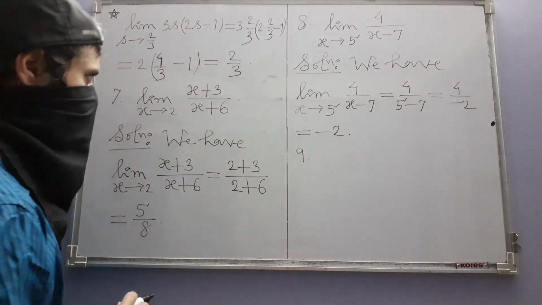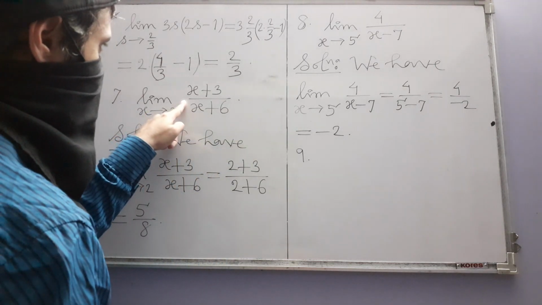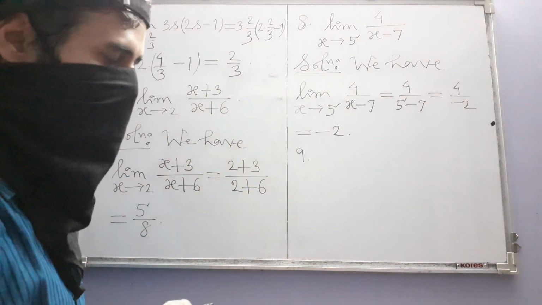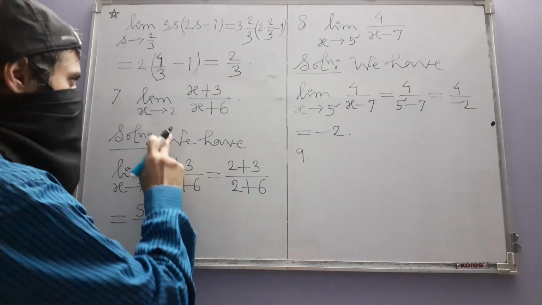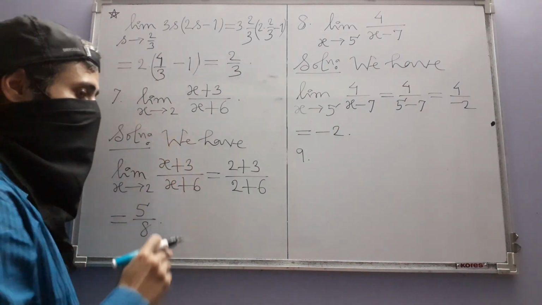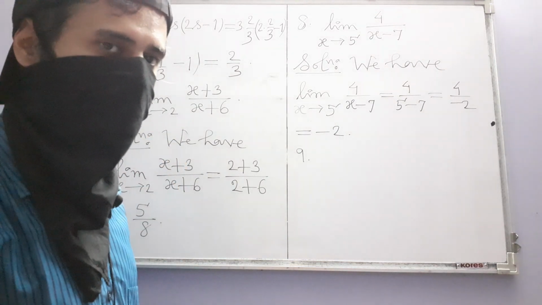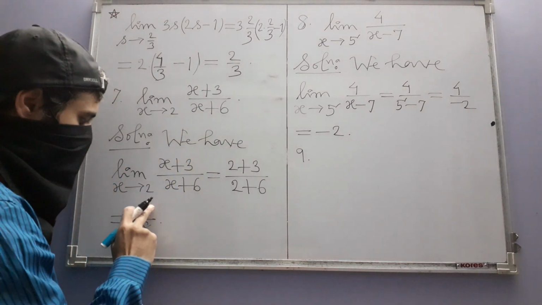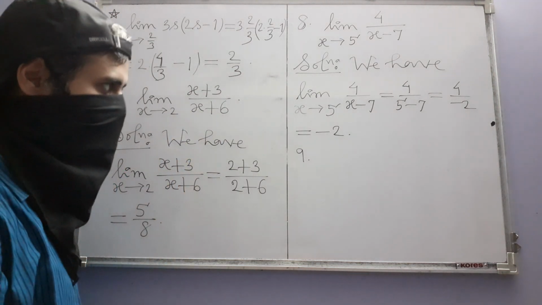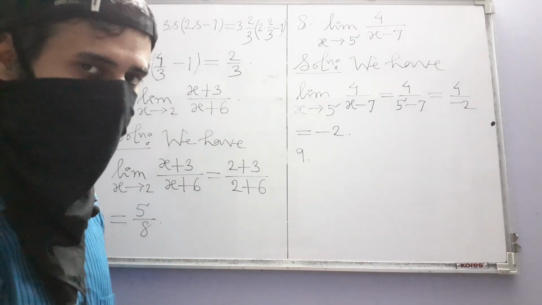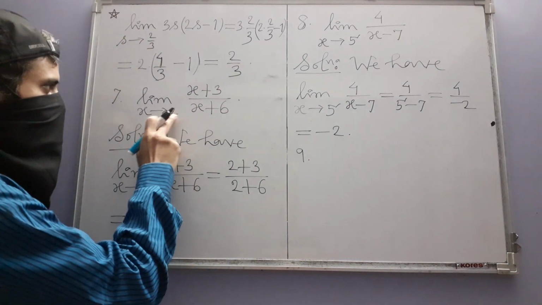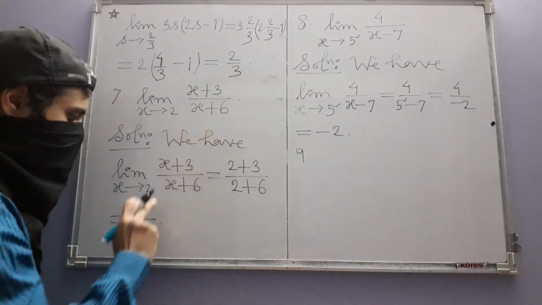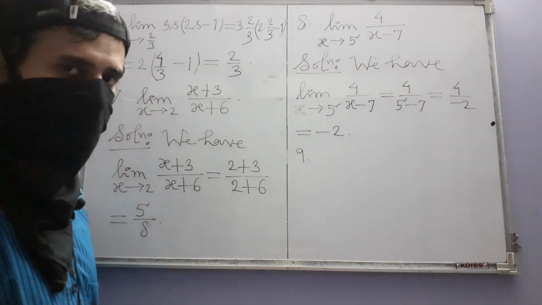You go there and, for example, you draw the graph of y equal to x plus 3 over x plus 6, and then see what is happening near the point x equal to 2. You will see that there the y value is close to 5 over 8. Well, in this case it will actually be equal to 5 over 8 because 2 is a point in the domain of this function at which its value is 5 over 8.